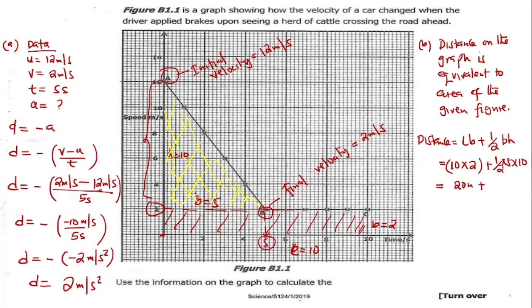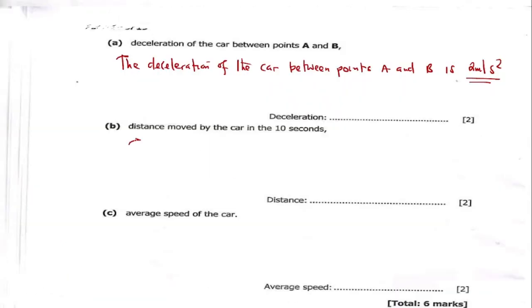Then half multiplied by 5, then multiplied by 10, we're going to have 25 meters. So the distance for the whole journey will be 45 meters. Therefore we can say that the distance moved by the car in the 10 seconds is 45 meters.